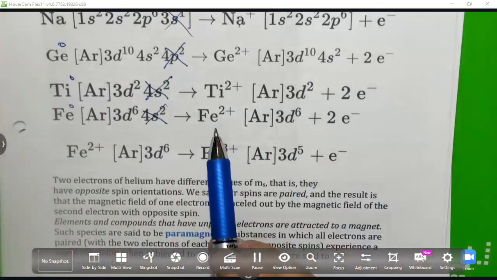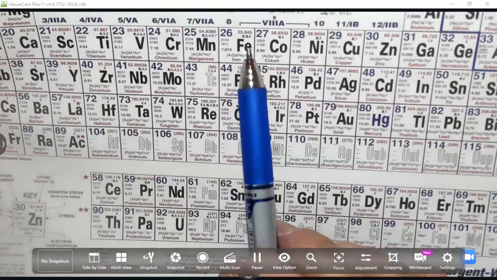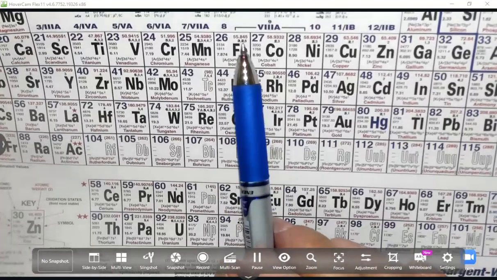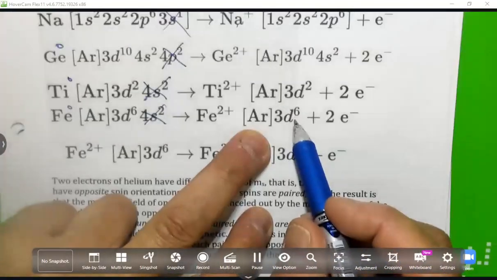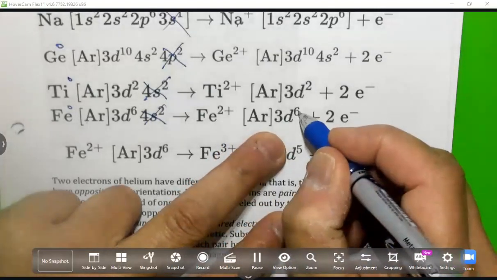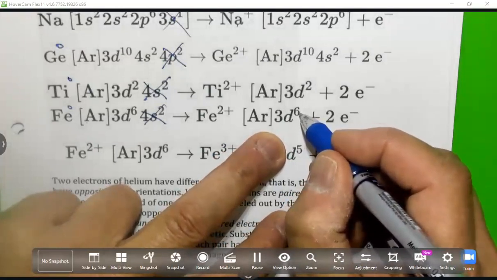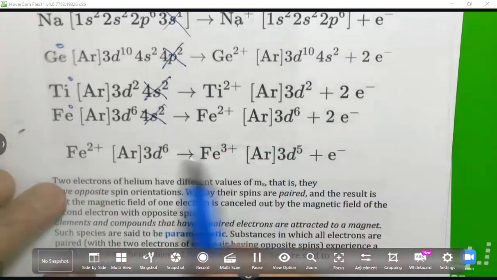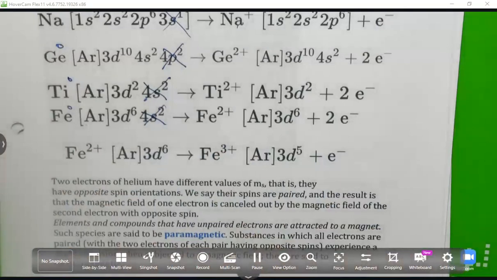Let me show you. If it gets rid of 1 more electron to form iron with a +3 charge, that would be a 3d5, which I just showed you is very, very stable. It would be a half-filled D, right? So when it forms a +3 charge, we'd get rid of those 2, and 1 of those would come out of the D. And that shows us this down here.